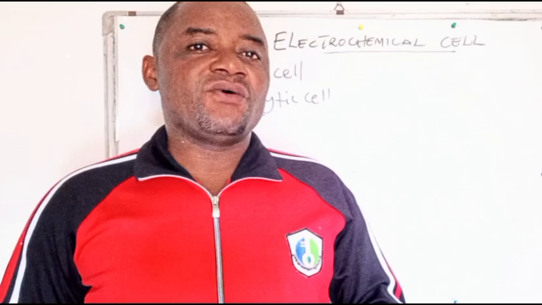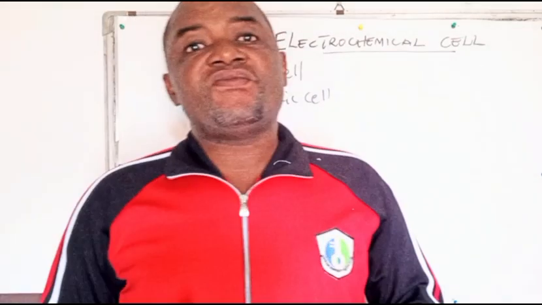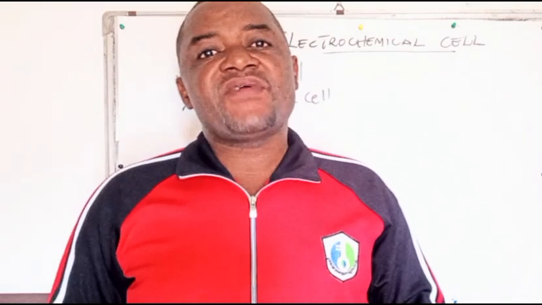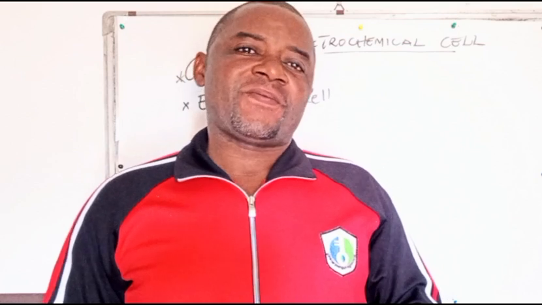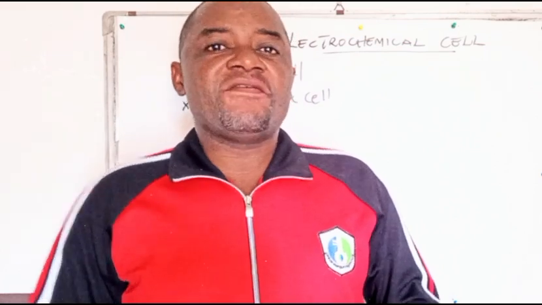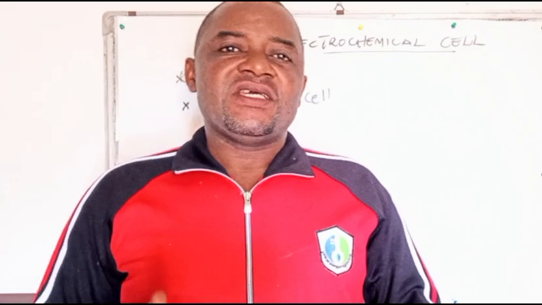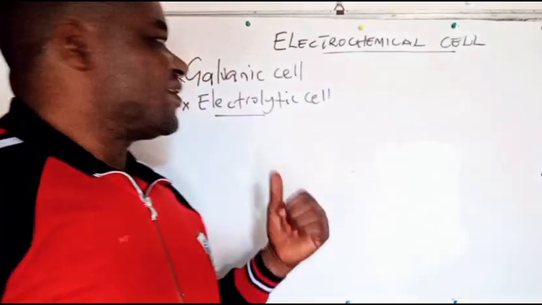They take place on their own. So we can simply put it that in a galvanic cell, there is a conversion of chemical reaction energy into what? Into electricity, which is electrical energy. So you convert chemical energy into what? Into electrical energy for a galvanic cell.